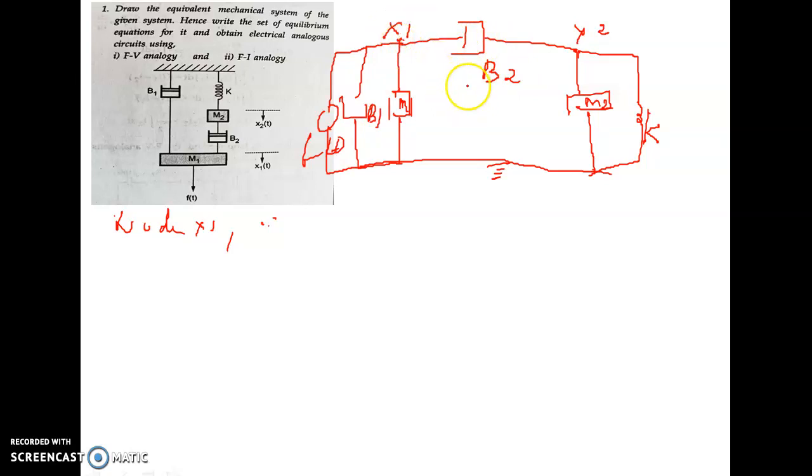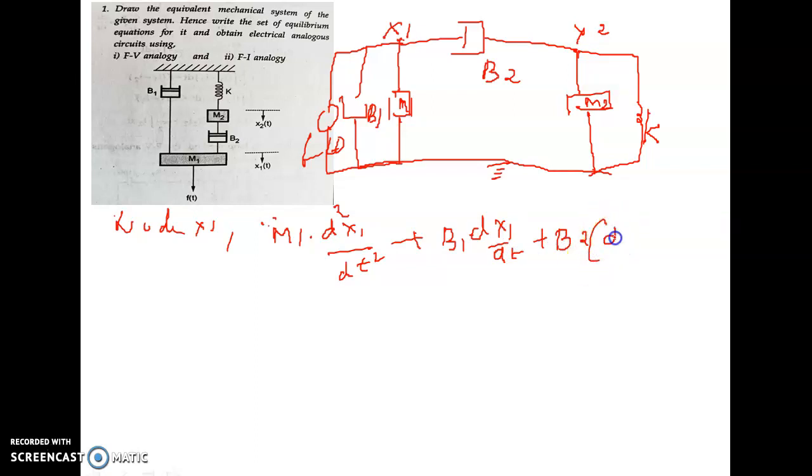So the differential equation is m1 d square x1 by dt square plus b1 dx1 by dt plus, for damper b2 which comes in between x1 and x2, b2 into dx1 by dt minus dx2 by dt, is equal to f of t. This is the expression for the node x1.